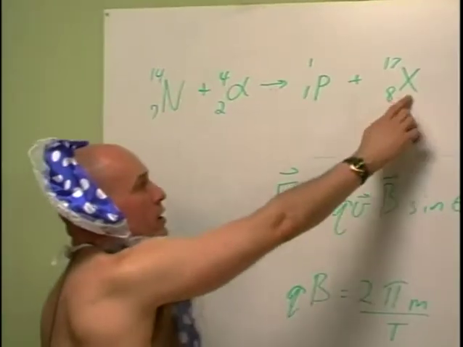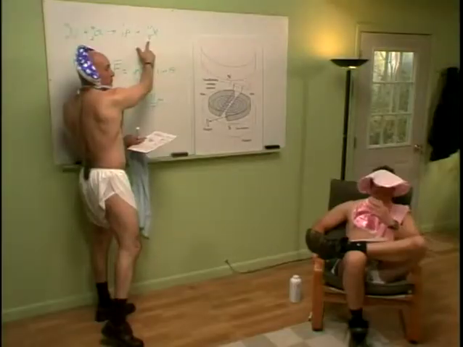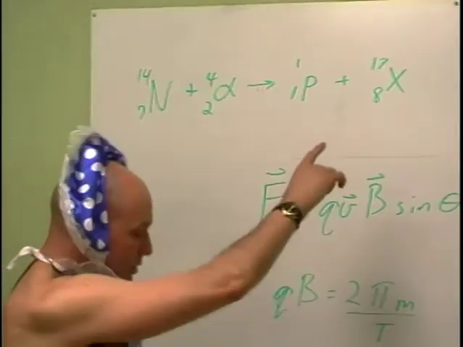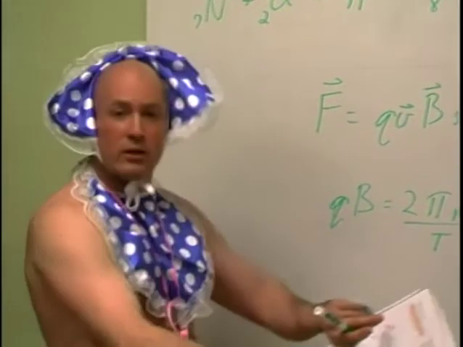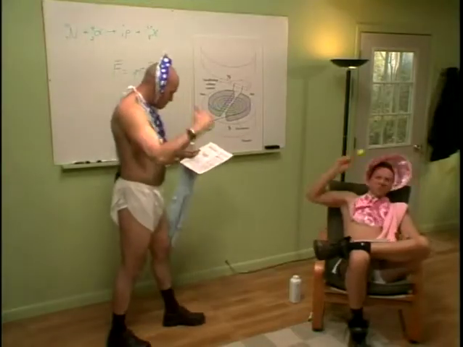So what element has an atomic number of 8? That's oxygen. Oxygen-17, so the answer is D.